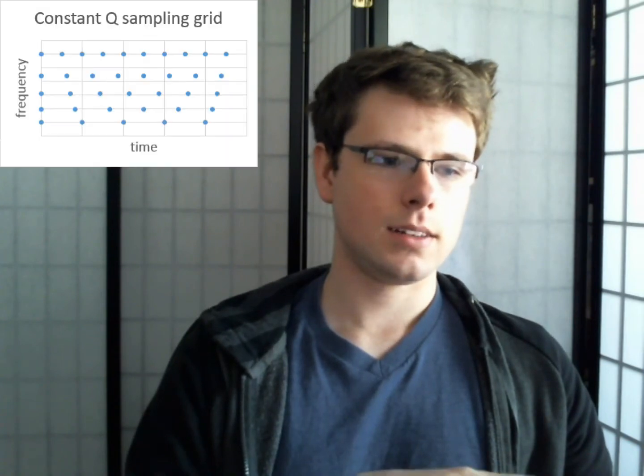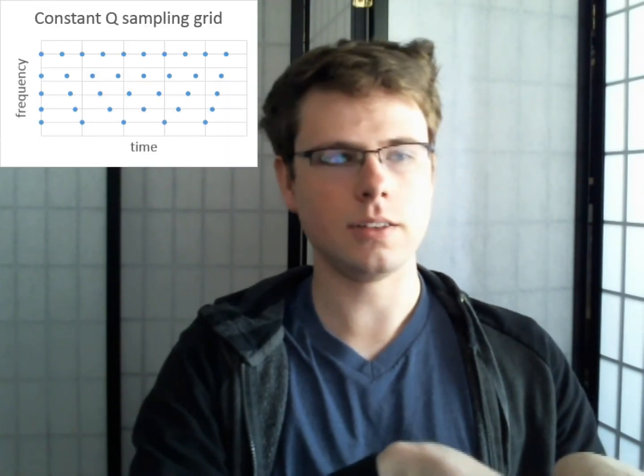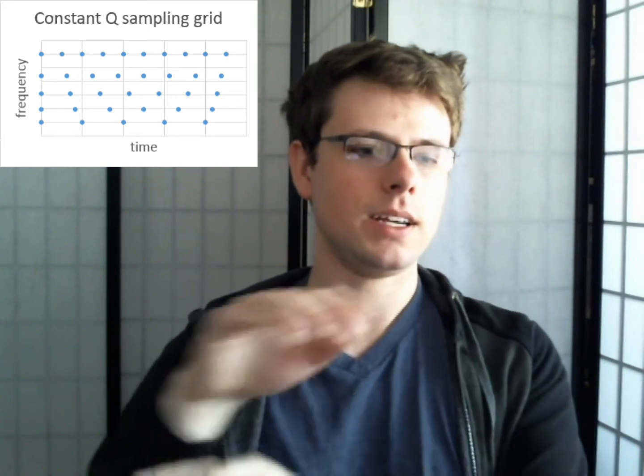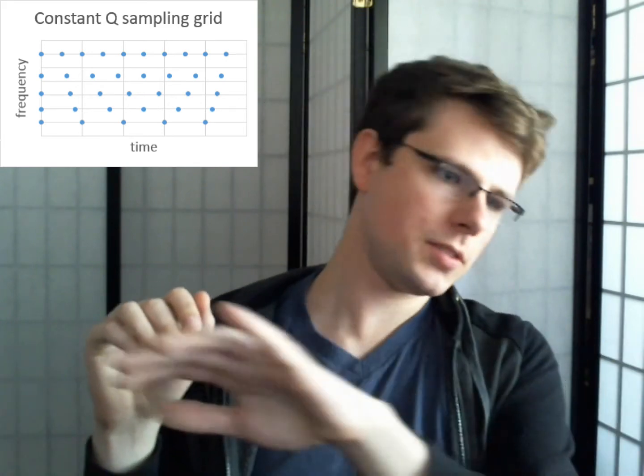What they do is they no longer take a constant Q transform at a specific time slice. They say, we're just going to take the lowest frequency and choose a spacing for it, and then we're going to have different spacing for each frequency.